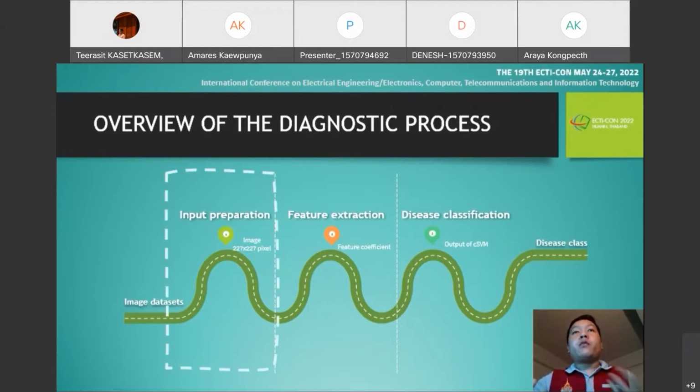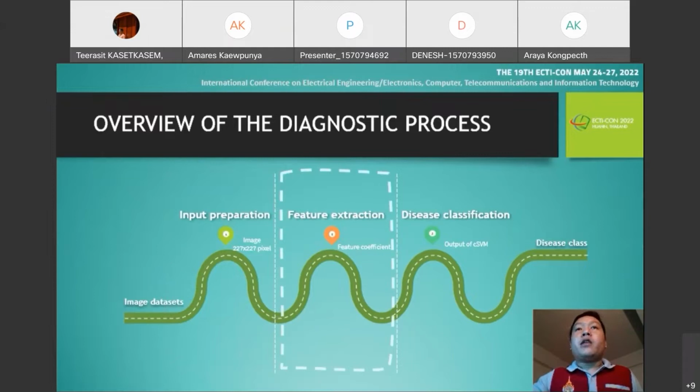It is used to normalize the size of the original image to 227 by 227 pixels and remove the background that we don't need by freehand selection, because the CNN algorithm that we use requires a fixed input size of 227 by 227 pixels.